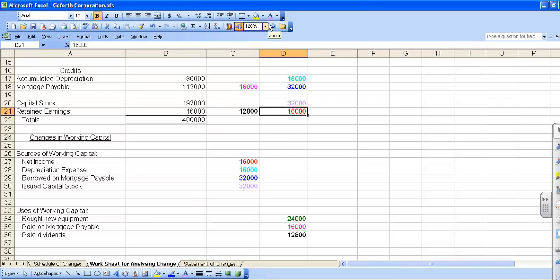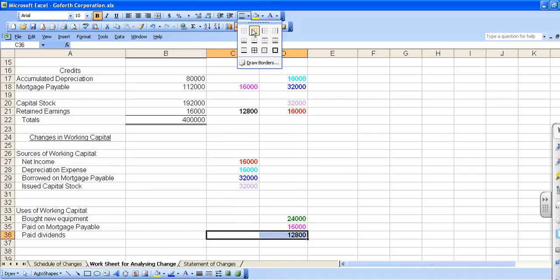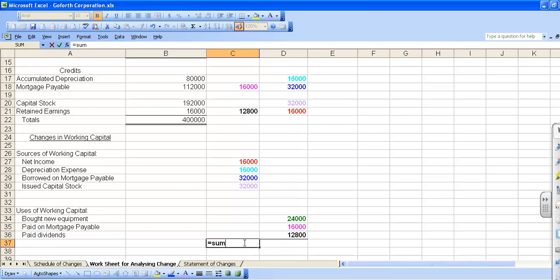What we need to do now is add up our bottom changes in working capital. So we're going to add these up. And we're only adding up our changes. So when we do our sum, I'm only going from C27 to the end.